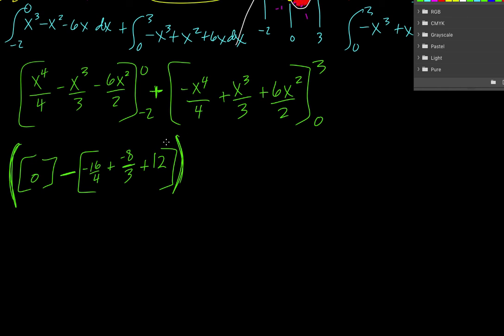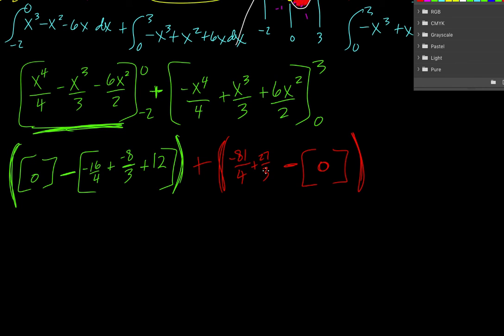All right, so that's that. And I'll change colors, plus. So the bottom part is just 0 again. Now if we plug in a 3, we end up with -81 over 4. I'm going to go kind of quick through this. 27 thirds, and then plus 27.